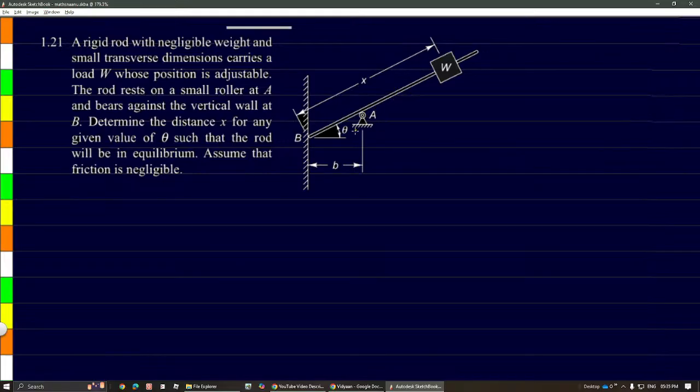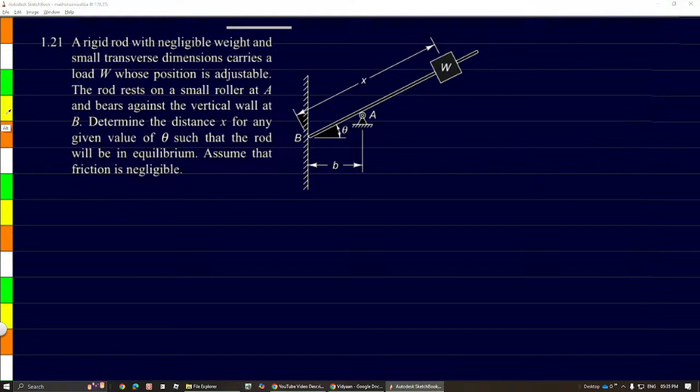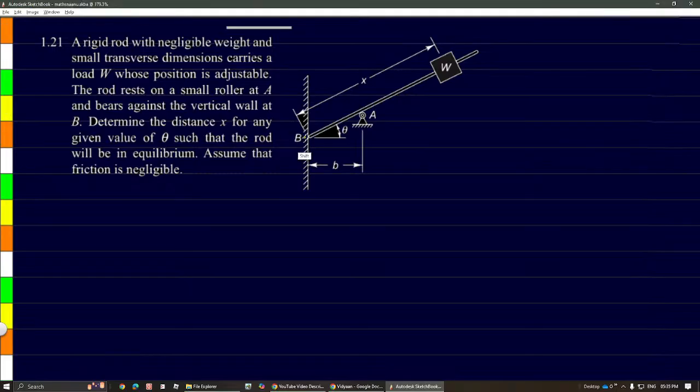So the way to go forward with this is we'll just have to find all the reactions. In yellow I'll be marking all the reactions. Because the friction is negligible, the reaction here will be perpendicular to this surface. Let's call this reaction RB, and then over here this reaction RA is again going to be perpendicular to the rod, because this being a roller, the reaction is going to pass through the center point of the roller, which will make it perpendicular to this particular rod.